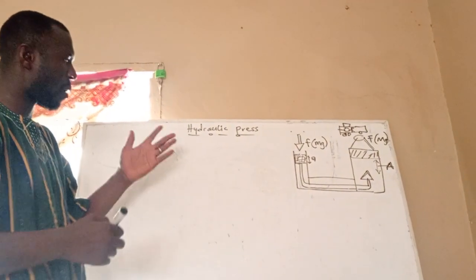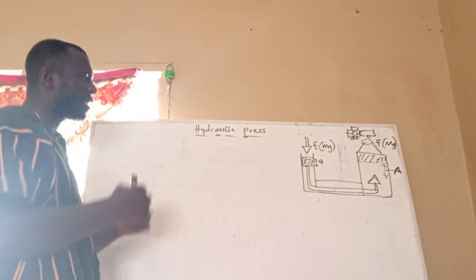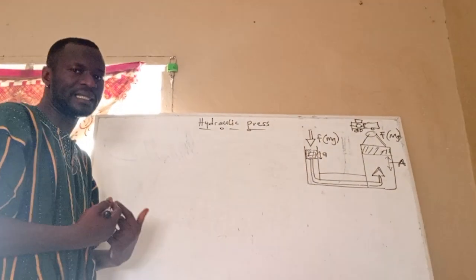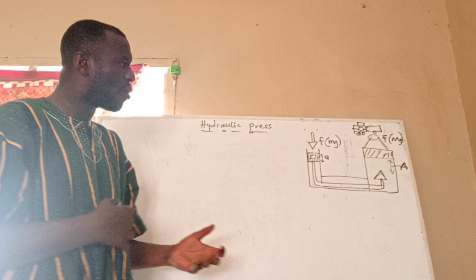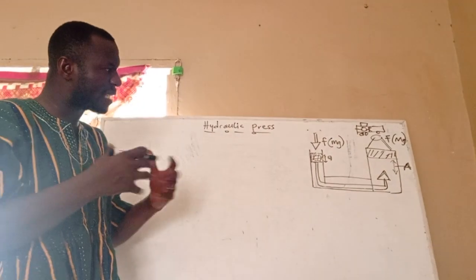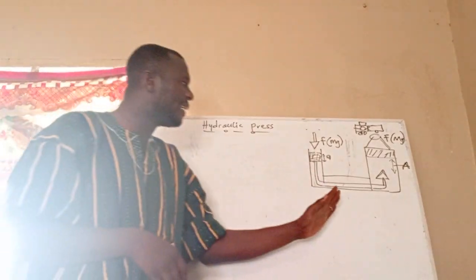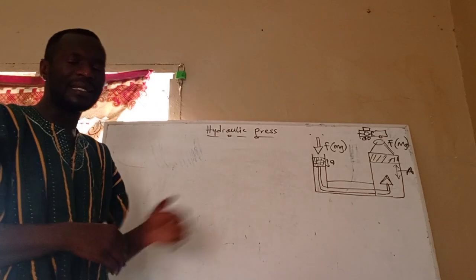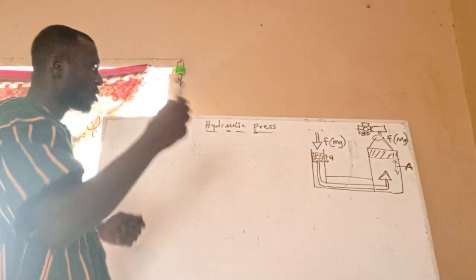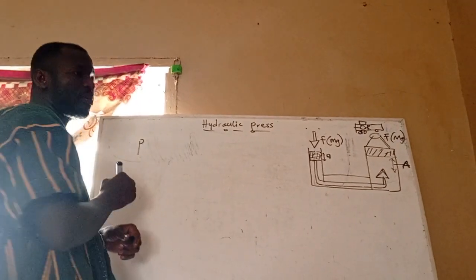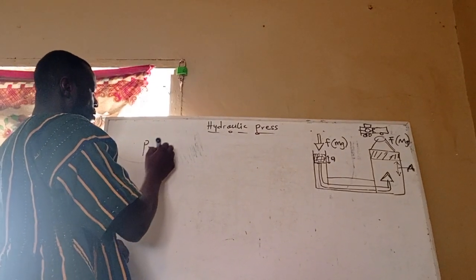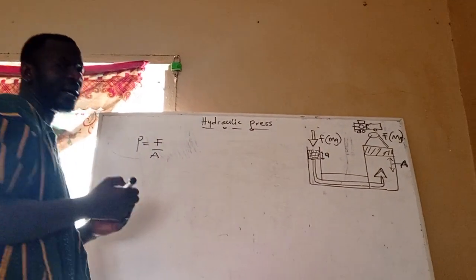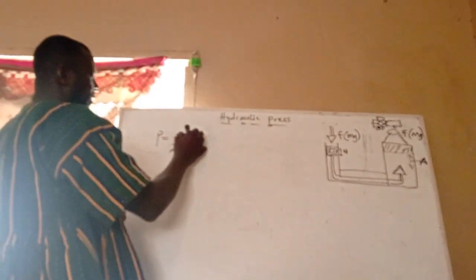Now, from our previous studies, since we want to prove how the greatest force needed to raise a car using the hydraulic press is calculated, we know pressure, which is P, is equal to force over area. We can name this equation 1.